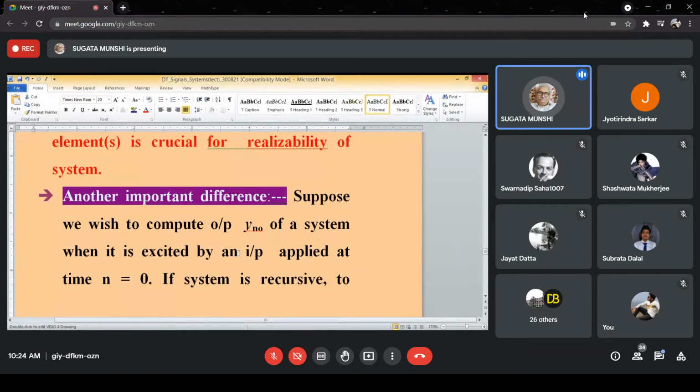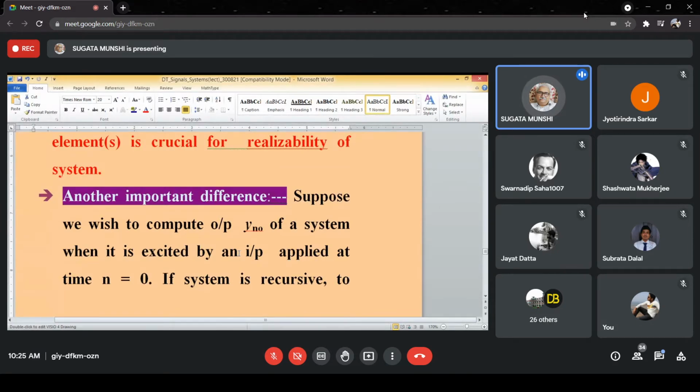From that bulk memory device, at some appropriate instant of time, you carry out processing by using a discrete time LTI system. Then the choice of the origin n equal to 0 rests on you. So you will have computation involving samples to the left as well as to the right.